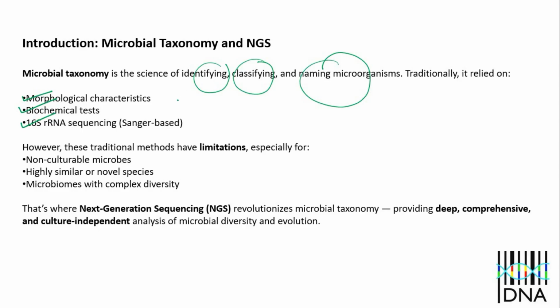This is the base of NGS-based taxonomy. The traditional classification method depends upon non-culturable microbes, highly similar and novel species, and microbes with complex diversity, and this method has some limitations.